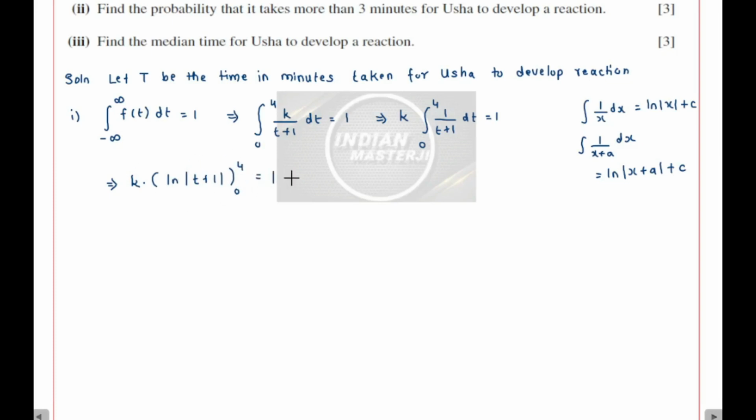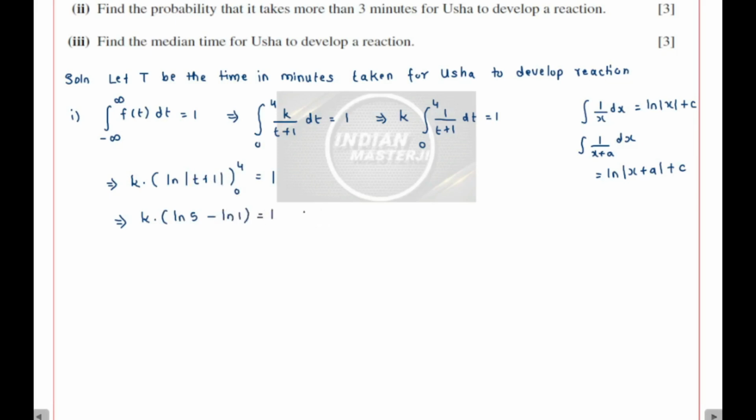And this total value is equal to 1, correct? So what do we get from here? We get k into ln of t plus 1. If I put 4 here, 4 plus 1 gives me 5, minus, I'll put the lower limit, so 0 plus 1, so ln of 1.